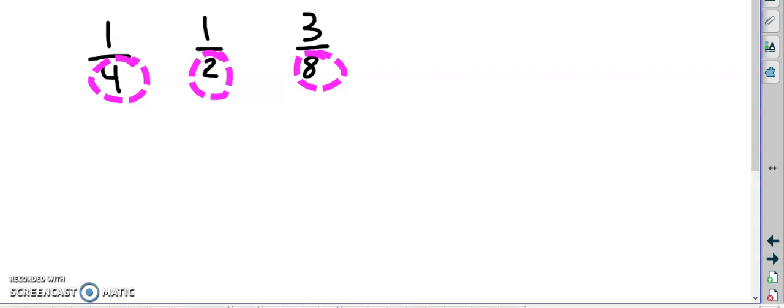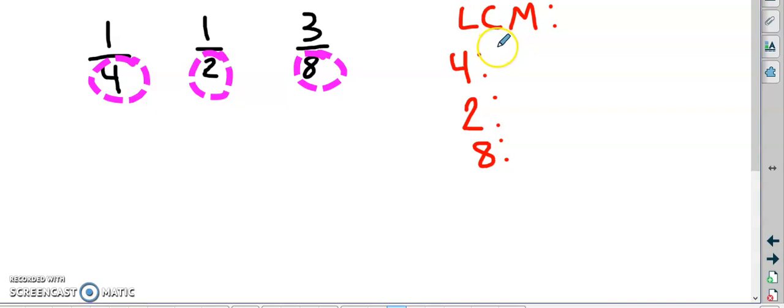So to do that, we're going to find the LCM. So let's find the least common multiple of 4, 2, and 8. So I'm going to do 4 here, 2. Now you might like to do them in numerical order. I'm just doing them in the order in which they appear in my list here.